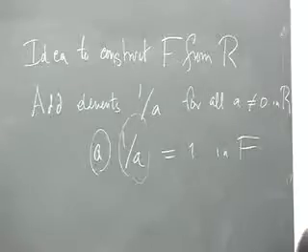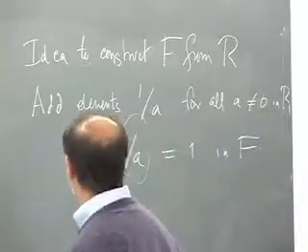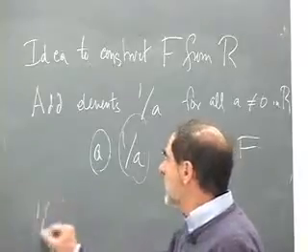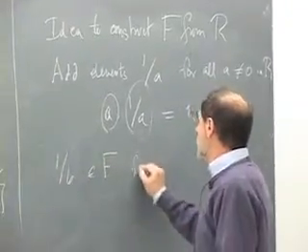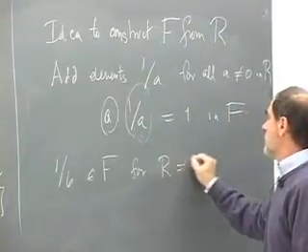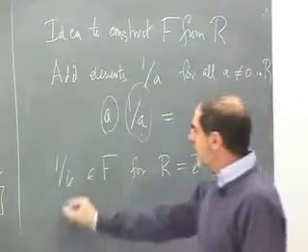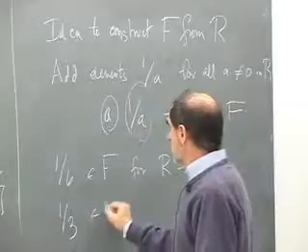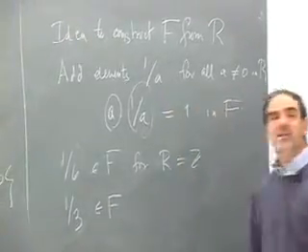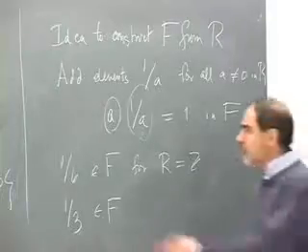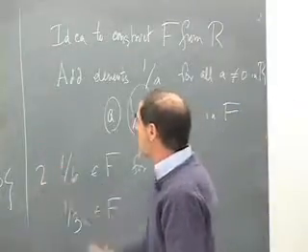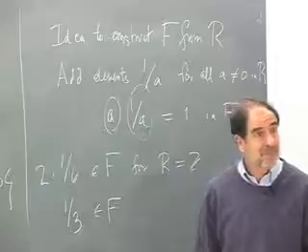Here's an even greater problem. Suppose we did this for the integers. So I had an element like 1/6 in this field for R equals Z. And I also had the element 1/3 in my field, because I have to invert 3 too. Okay? So since I have 1/6 in the field, I'd also have 2 times 1/6 in the field. Right?